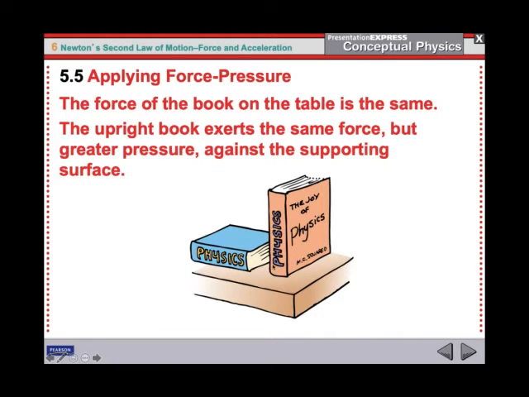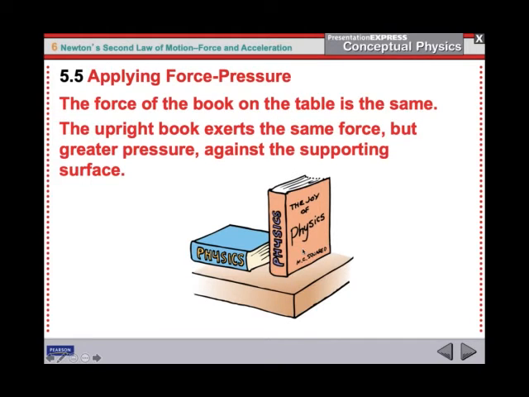This book is only in contact a very small amount, where this one has the entire back cover of the book in contact. So even though the forces are the same, the amount of area with the standing up book is going to be less, so the pressure exerted by that book is going to be greater because the area is smaller.